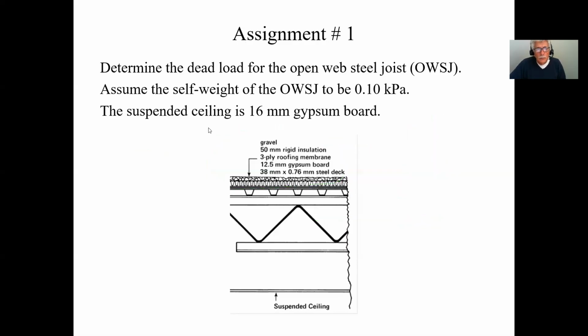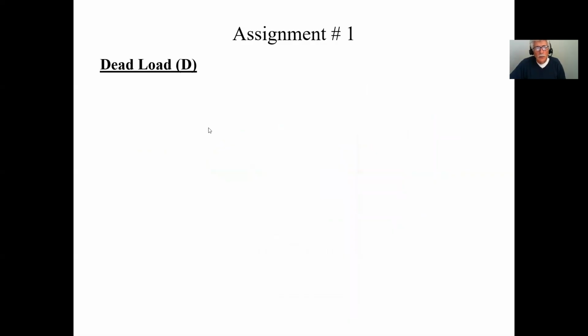So like I said, for the dead load, you would go to 3-ply asphalt and gravel. If you refer to the sheet that I provided you with, that's a pretty good sheet. It covers most of these situations.